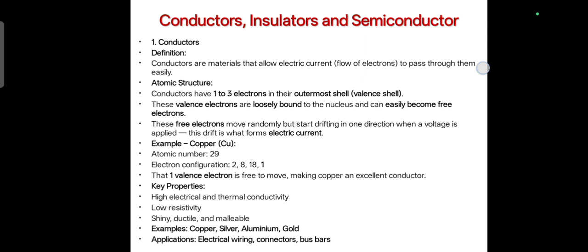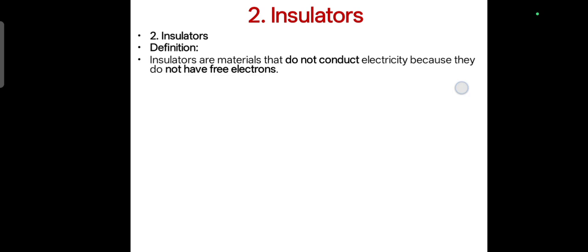Then let's discuss the next material, that is insulators. Insulators are materials that do not conduct electricity because they do not have free electrons. So there are no free electrons available in the outermost shell or valence shell of the insulator. Let's discuss the atomic structure.